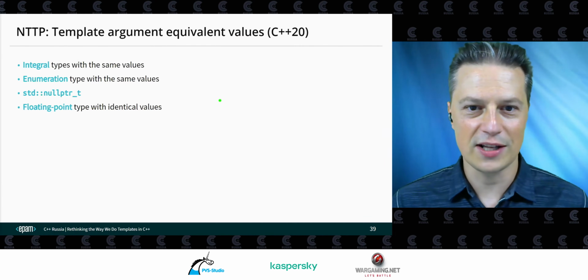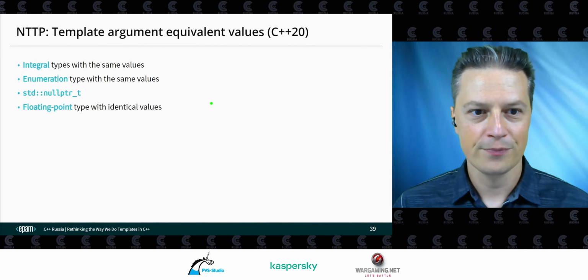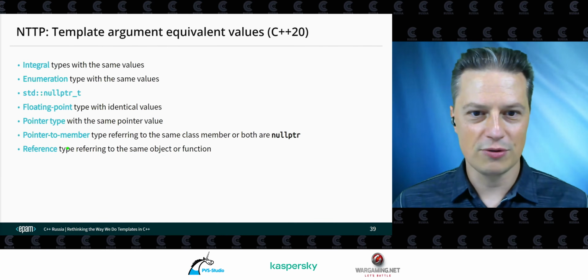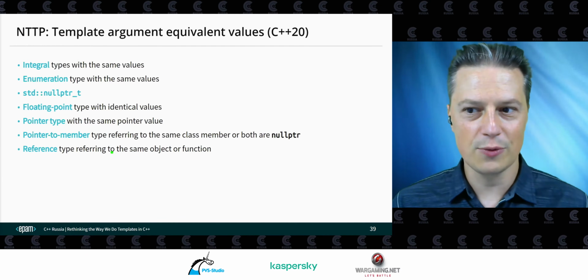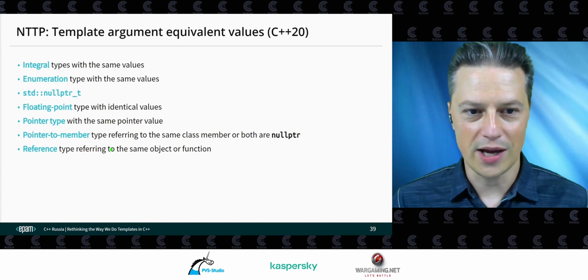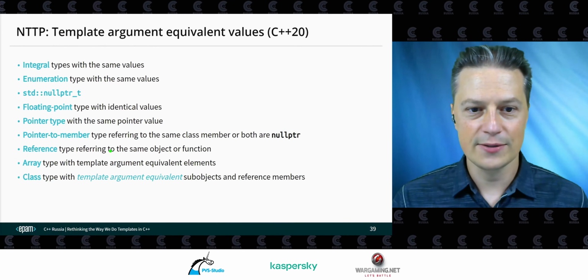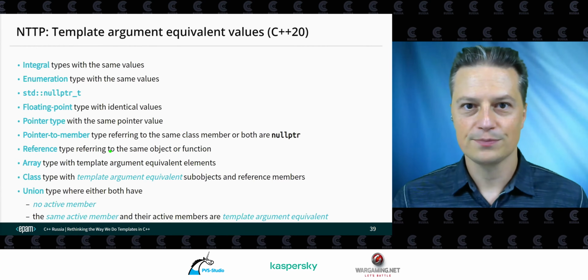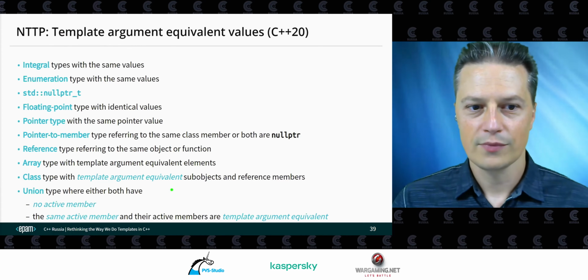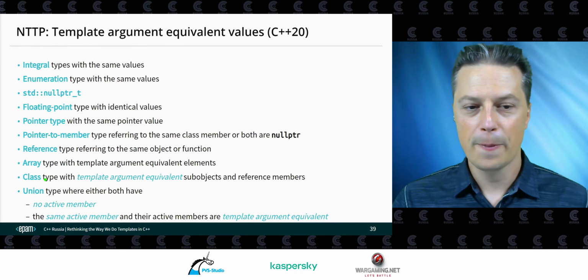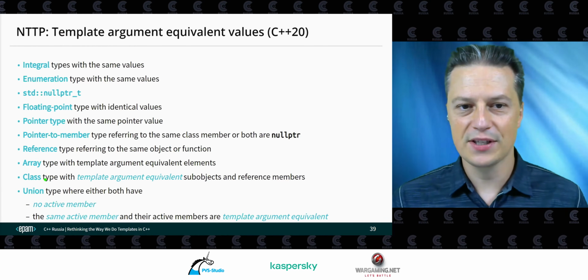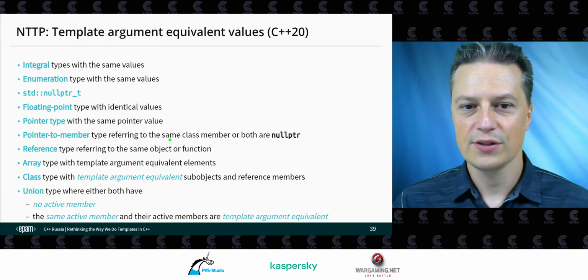We couldn't instantiate a class template with floating points before. Pointer types, pointers to members, references, all of this was always in the language, but also arrays, classes, unions. All of those are possible to use for a template instantiation in C++20.